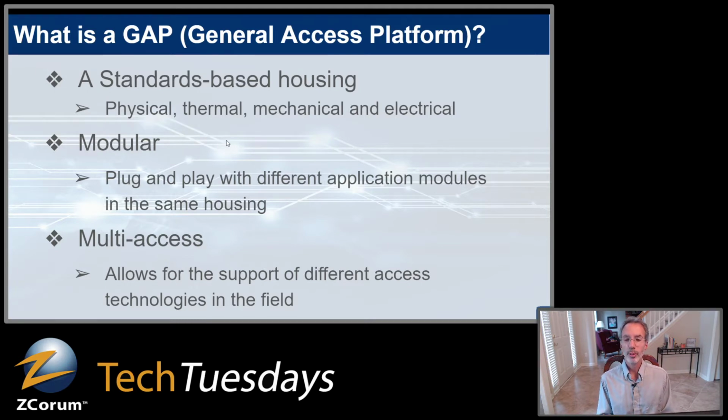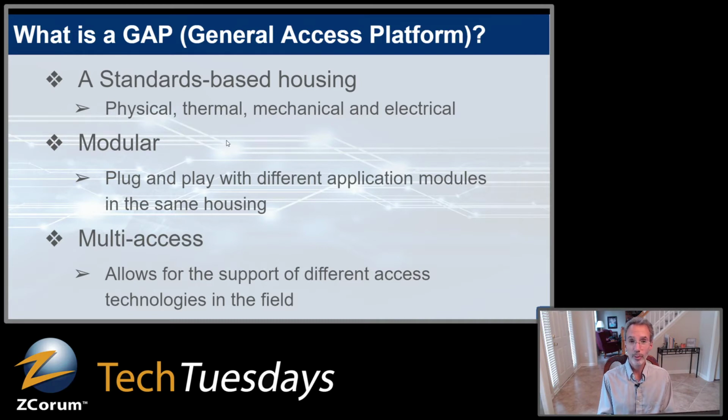This is going to allow operators to deploy multiple technologies into the same housing. So DOCSIS, PON, wireless, they can deploy multiple items in the same housing and not have to worry about different vendors. They don't have to support and inventory different types of custom enclosures in their network.